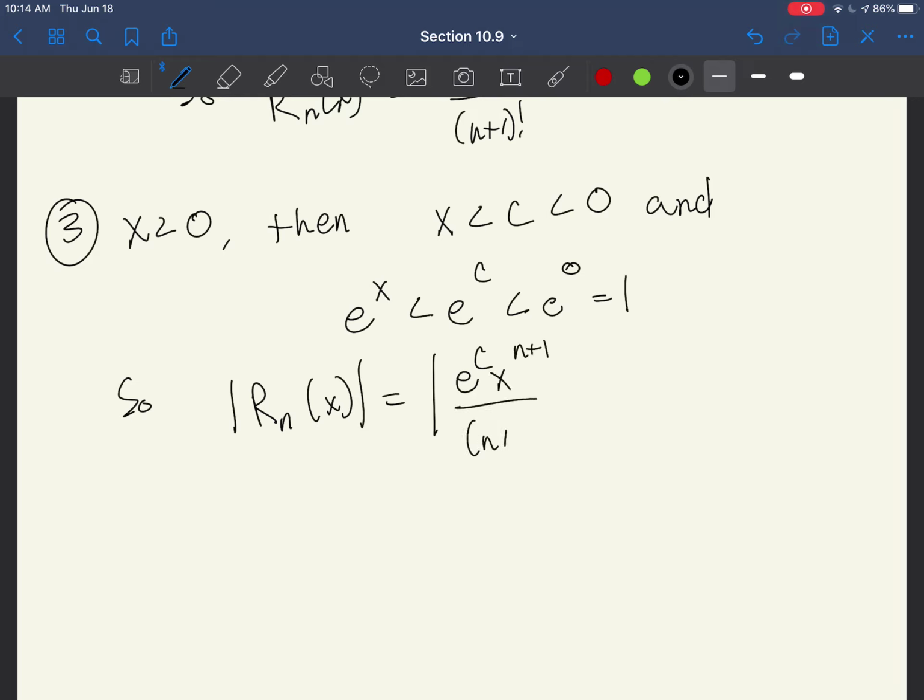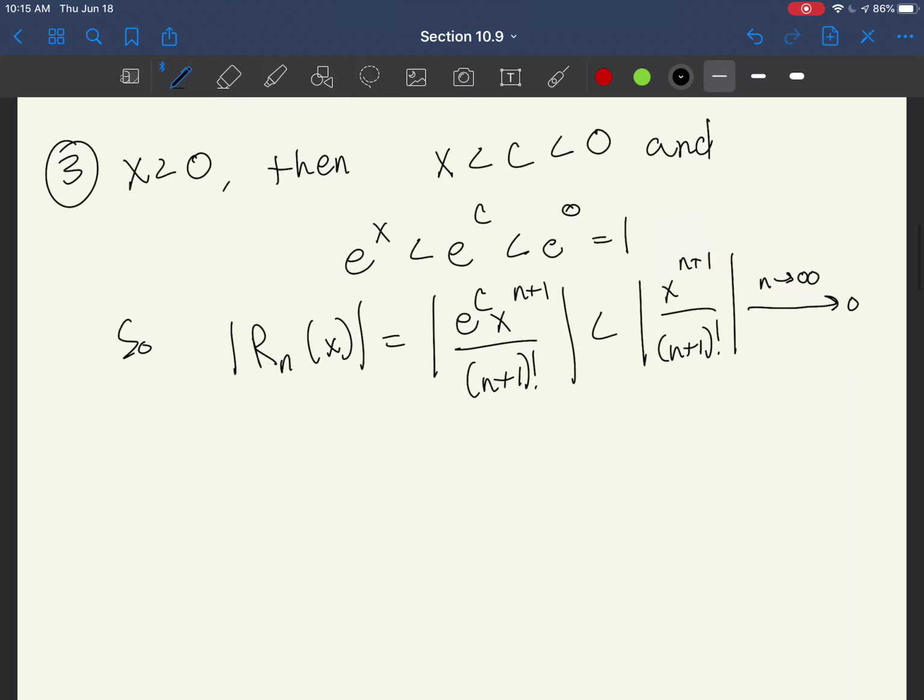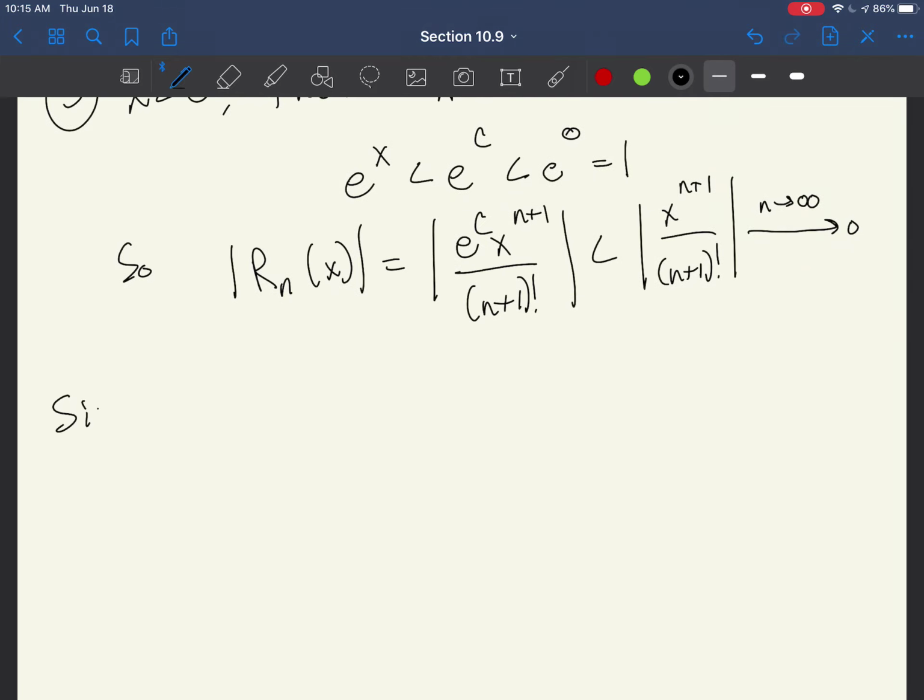So the absolute value of this error term is, again, e to the c, x to the n plus 1 over n plus 1 factorial, which is less than the absolute value of x to the n plus 1 over n plus 1 factorial, which again goes to 0 as n goes to infinity.